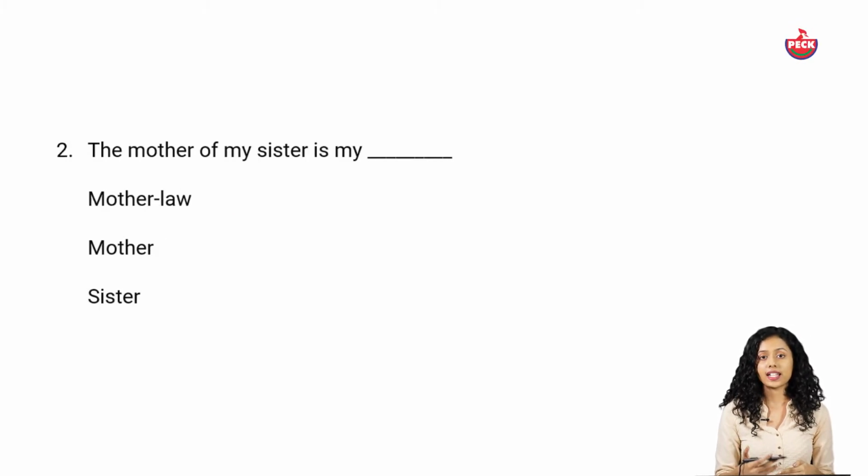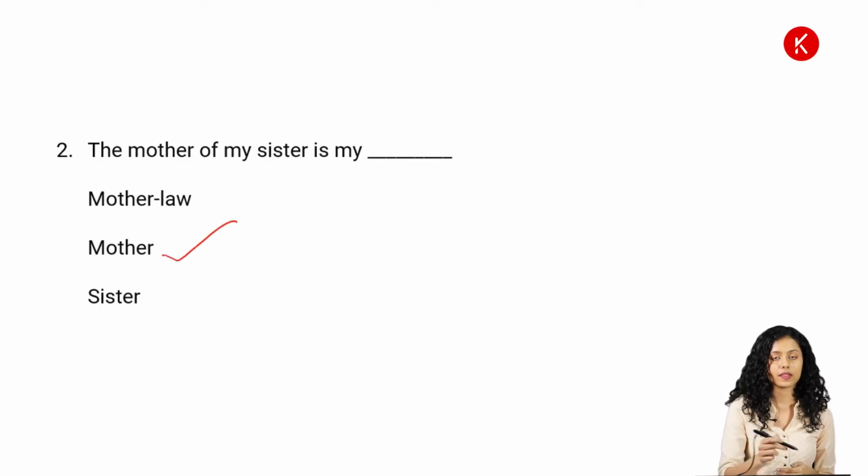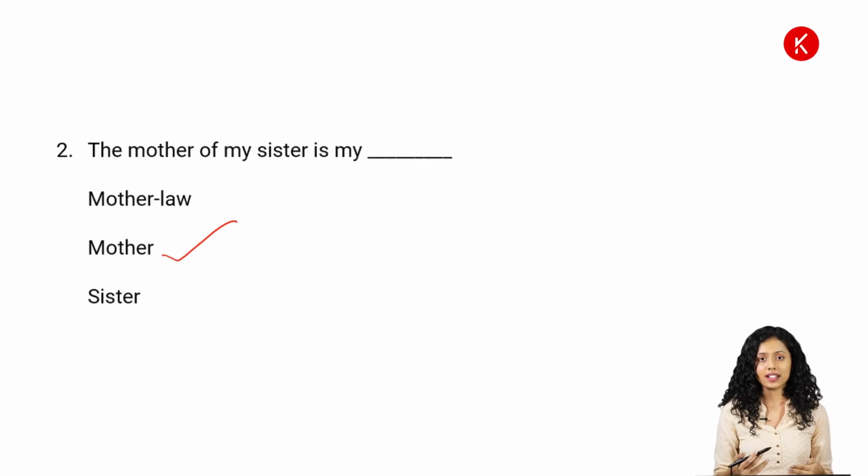The mother of my sister is my blank. Who is my sister? Who is my sister's mother? My sister and I have the same mother. So the answer would be mother. The mother of my sister is my mother.